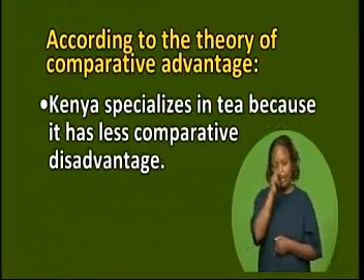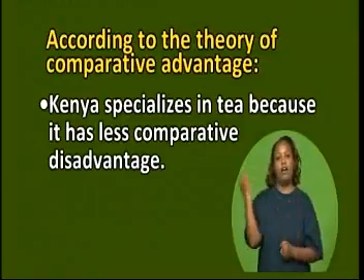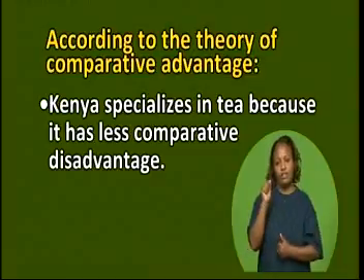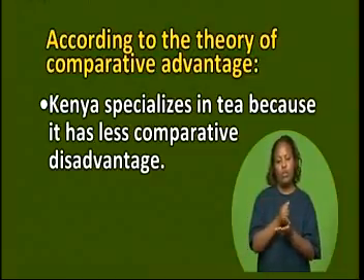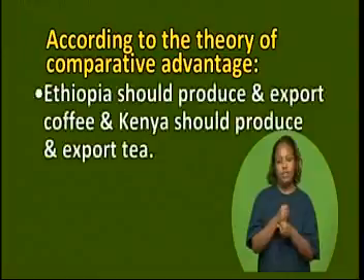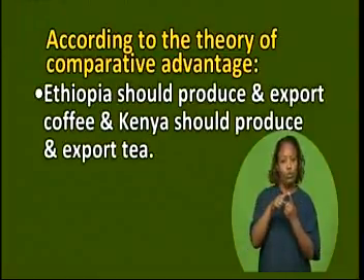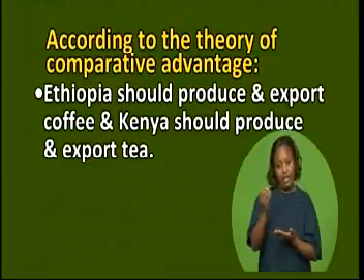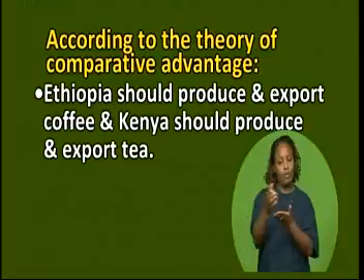Likewise, Kenya has a comparative advantage or less comparative disadvantage in the production of tea. Thus, according to the example, Ethiopia should produce and export coffee and Kenya should produce and export tea.